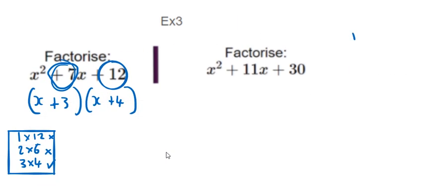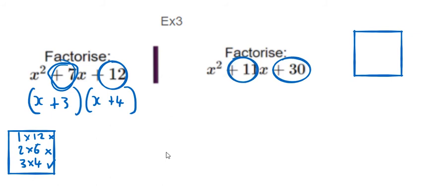Last one then. Here I must find two numbers that multiply to give me 30, but sum to give me 11. Factors of 30 are 1 times 30, 2 times 15. You might need a calculator, or if you're good at your tables, you should be able to get these. 3 times 10, or 5 times 6. So there are 4 different combinations here.